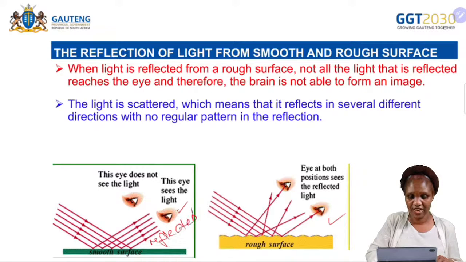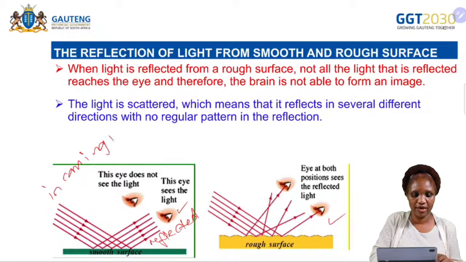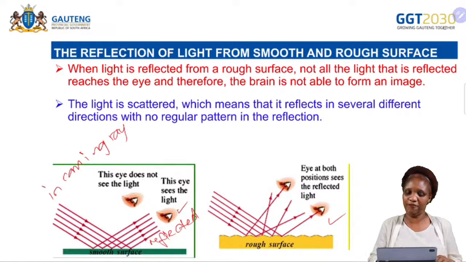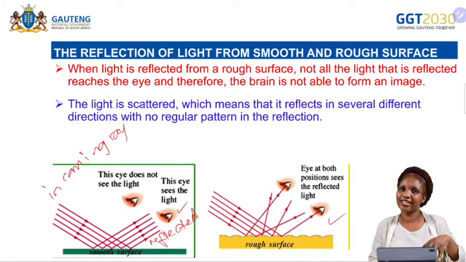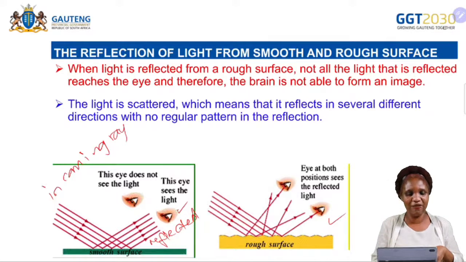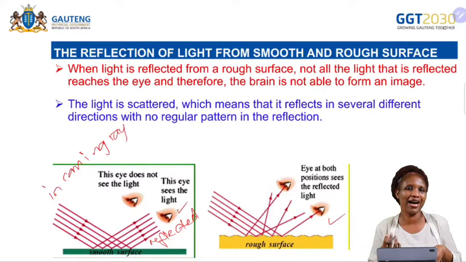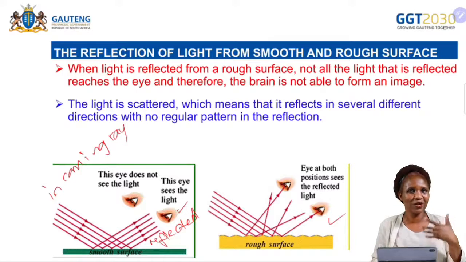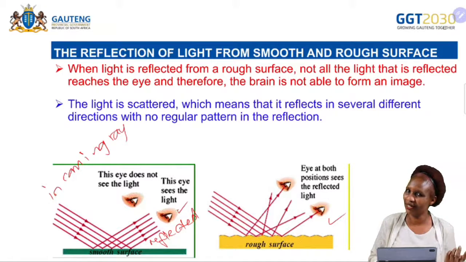And then this one is an incident ray. It is an incoming ray. Then it will strike a what? A smooth surface. And then there is going to be a reflected light which will come to our eyes. And then our brains are going to interpret it as what we see.